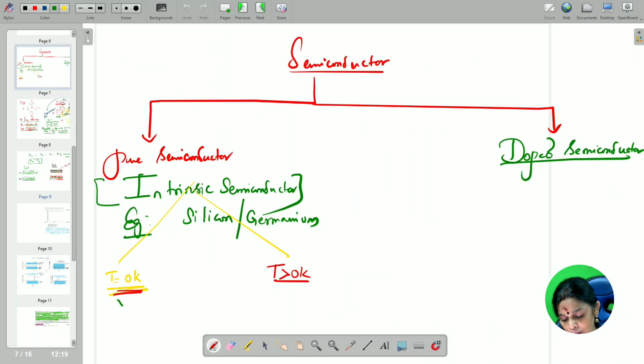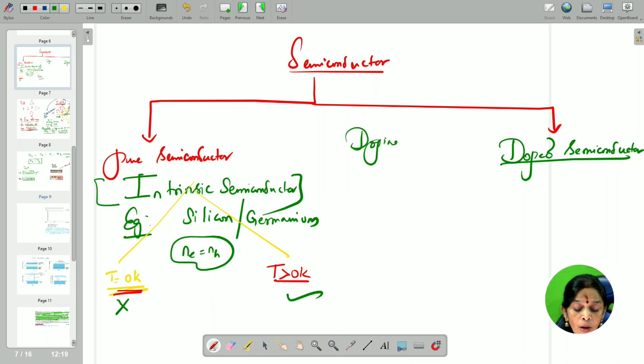At T greater than 0 Kelvin conduction is possible, at T equal to 0 Kelvin no conduction is possible. But then Ne is equal to NH is not enough. Since it is not enough, I want to improve the conduction, so therefore doping is necessary. What do you mean by doping? Why do we need it? In order to increase the conductivity.